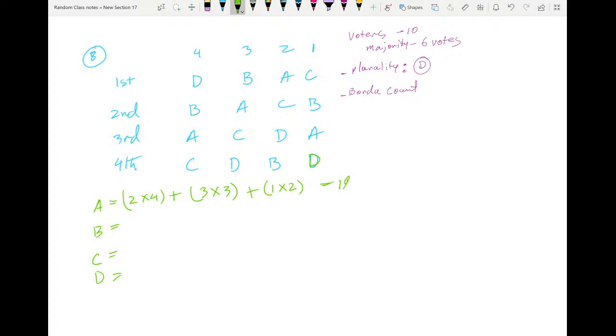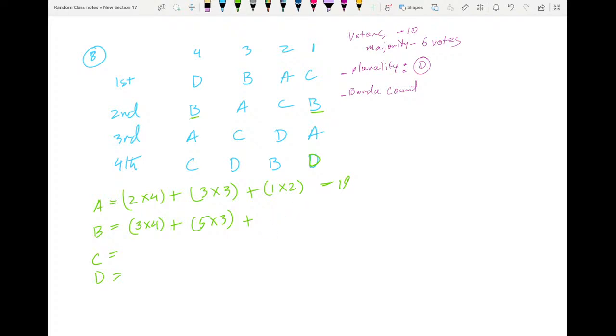19. So let's look at B. B got 3 first place votes, got 5 second place votes, and then B got nothing on the third and got 2 last place votes.